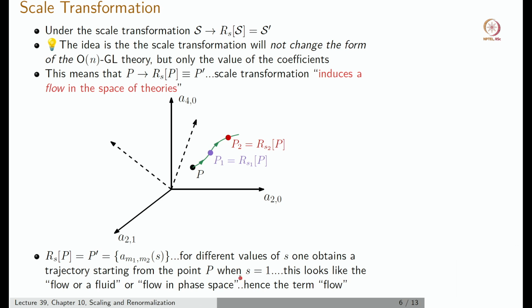It is like if you have done Hamiltonian dynamics, then you know that points in phase space flow via Hamilton's equations of motion. Quite similarly, this renormalization group transformation by a parameter S, which is analogous to time in Hamiltonian dynamics, will produce a flow of points in the space of theories. Okay, and this is why we use the word flow.